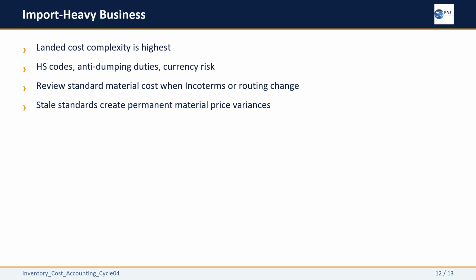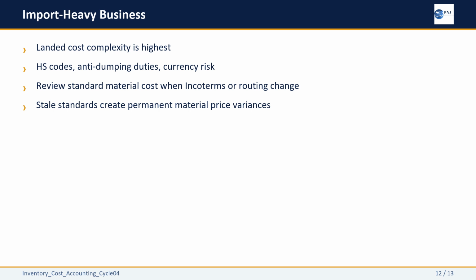The last profile is the import-heavy business, where landed cost complexity reaches its peak. You're dealing with HS code classification, anti-dumping duties, and currency risk all at once. Here's the trap to watch for. The standard material cost in the BOM should be reviewed whenever major Incoterms or supplier routing changes occur.